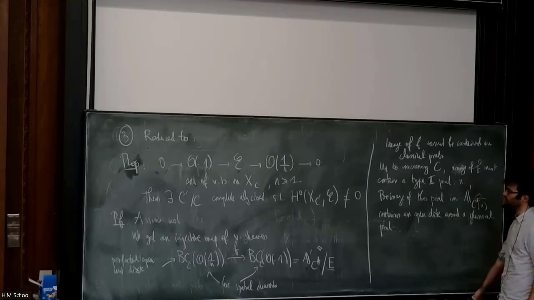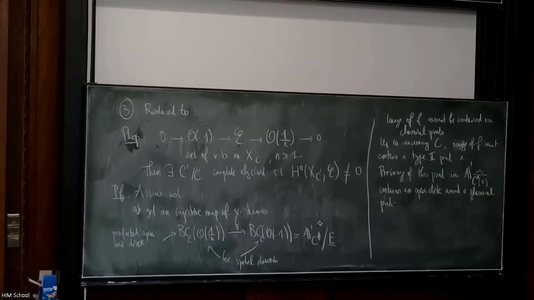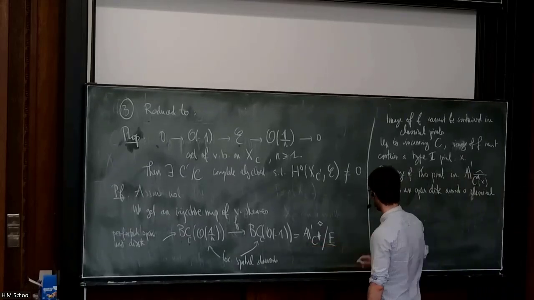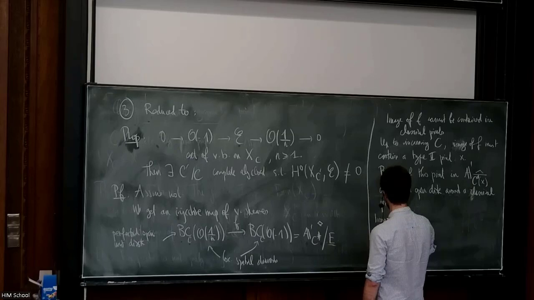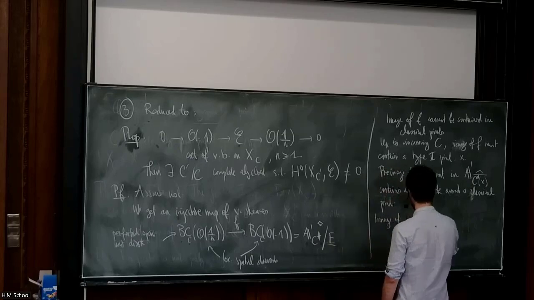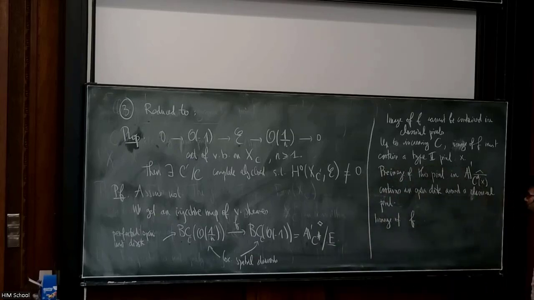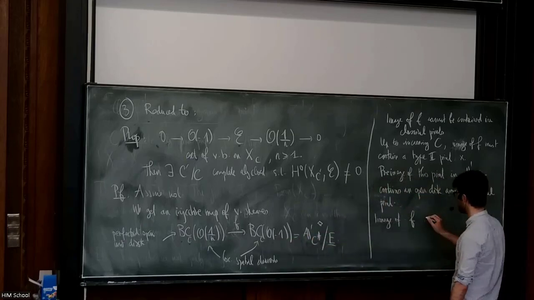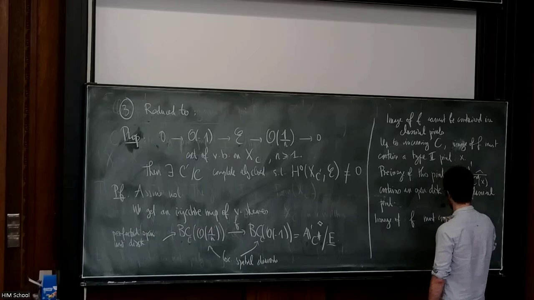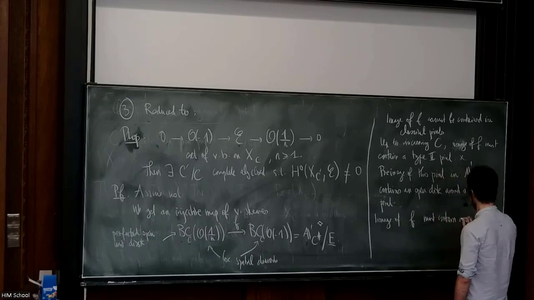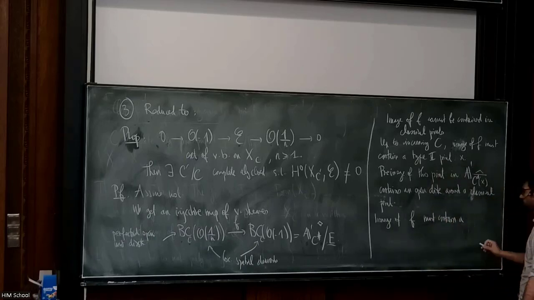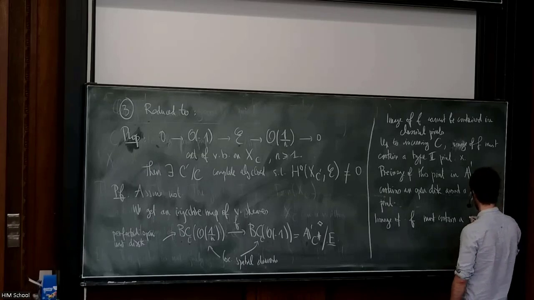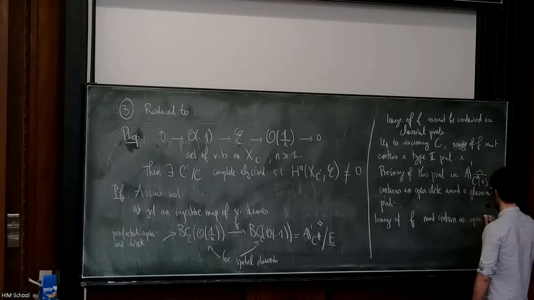So in particular, this tells me that in fact the image of F, because it's also a group morphism, must contain an open neighborhood of 0.